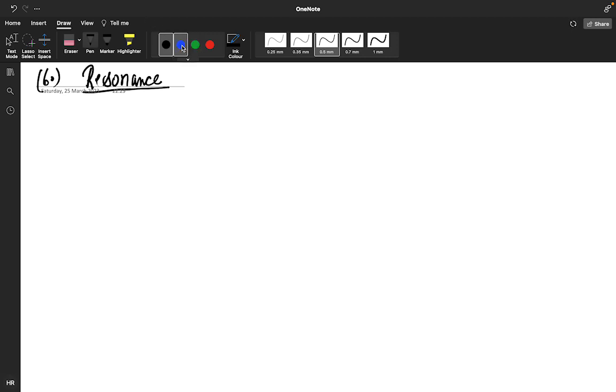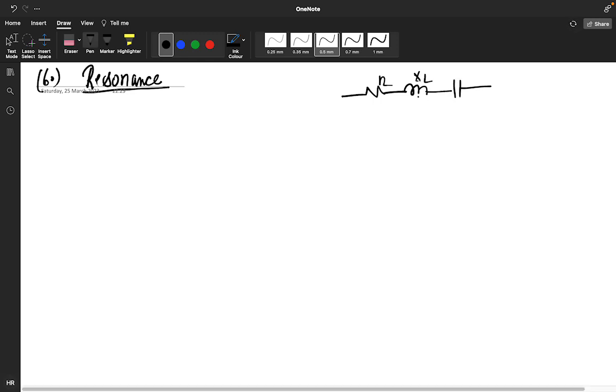See, when you have a resistor, an inductor and a capacitor, these two values are out of phase, one at an angle of 90 degrees and one at an angle of minus 90 degrees. If I give this as 5j in terms of the XL value, and this as 5 at an angle of minus 90 degrees in terms of the XC value, when we add R plus jXL minus jXC, when XL is equal to XC, this will get 0.